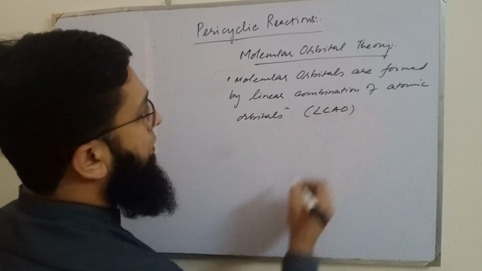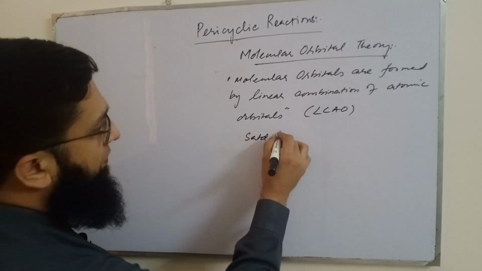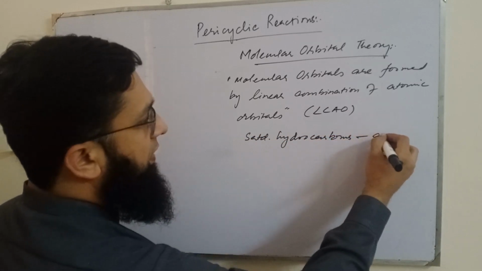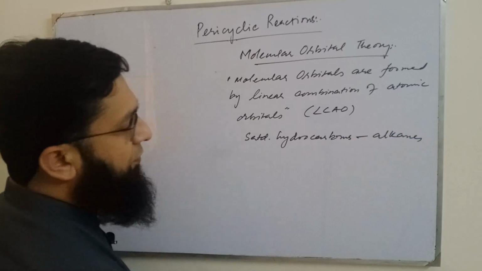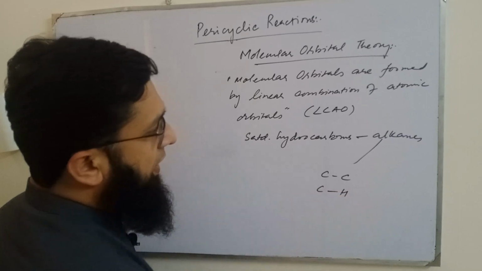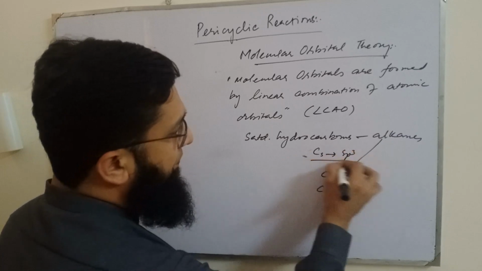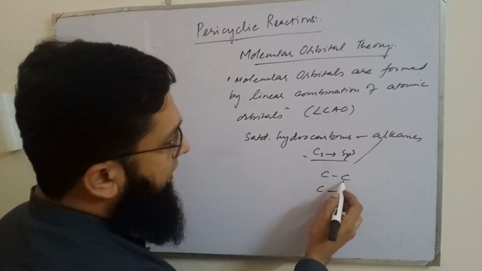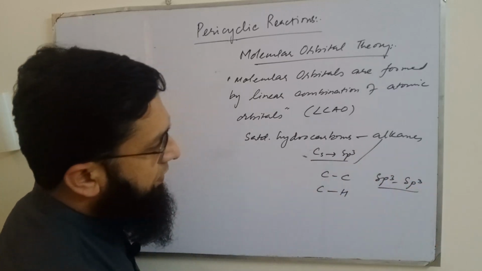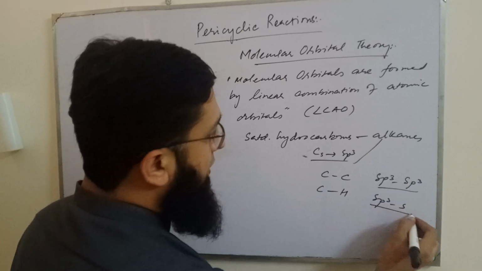If we take the example of saturated hydrocarbons, for example alkanes, we have two types of bonds, carbon-carbon bonds and carbon-hydrogen bonds. In alkanes, all carbons are sp3 hybridized. So carbon-carbon bonds are formed by the overlap of sp3 orbitals, and carbon-hydrogen bonds are formed by the overlap of sp3 and s orbitals.